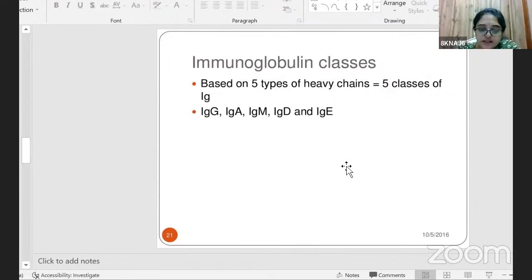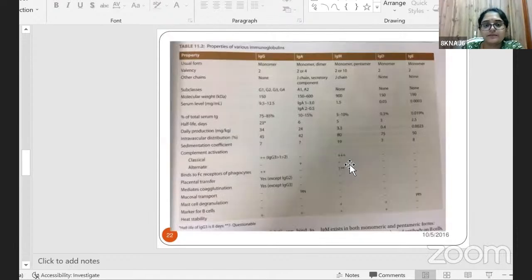So again, within these classes, there are certain distinct differences, heterogeneity. That is, in the class itself, for example, IgG is divided into subclasses. Again, this depends upon the host species and the specificity of the immunoglobulin. So let us just have a look at IgG.